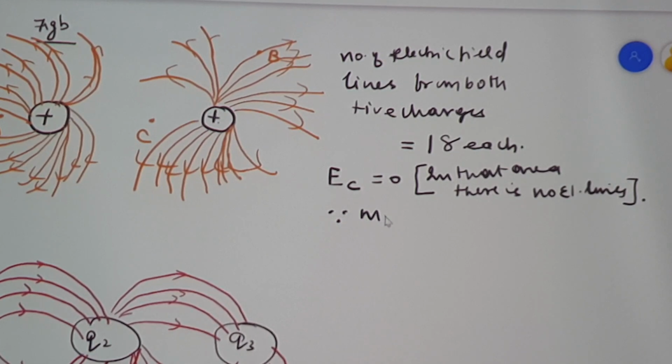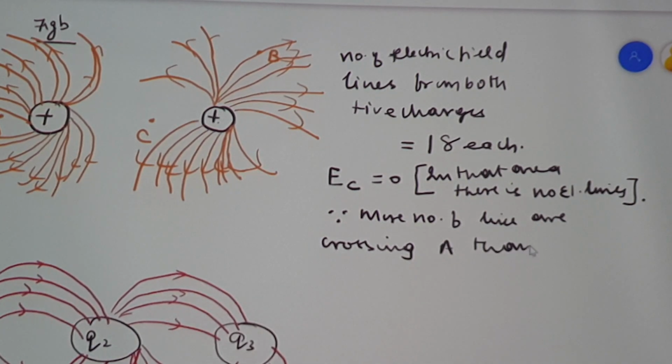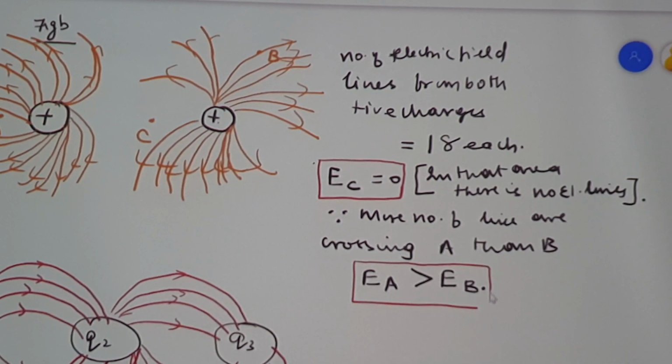Since more lines are crossing at A than B, we can say the electric field intensity at A is greater than that at B. At C, as I already told, the electrical field is equal to 0, since inside it you have no electrical lines of force.